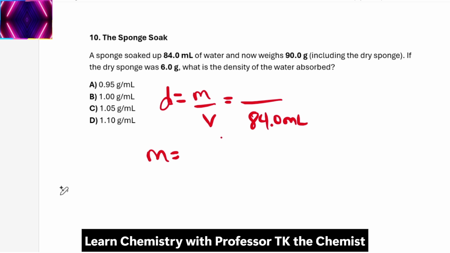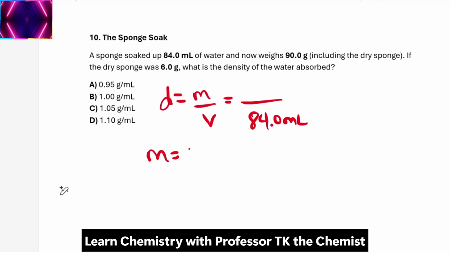So there is something else going on in this problem. A sponge soaked up 84.0 milliliters of water and now weighs 90.0 grams. If the dry sponge was 6.0 grams, what is the density of the water absorbed? What you need to find out is the actual mass of water that was absorbed.